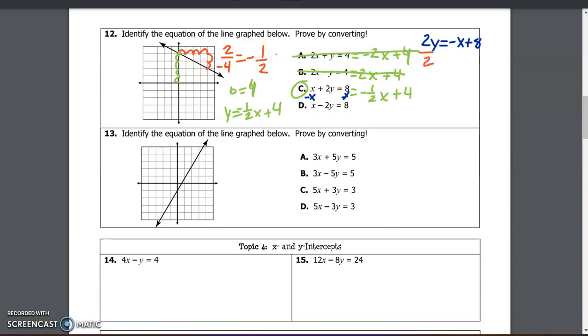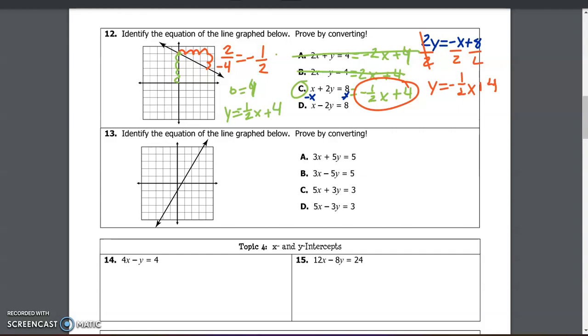So divide by 2, divide by 2, and divide by 2. So that's where we end up with this answer, right? Because we would end up with y equals negative 1/2 x plus 4.